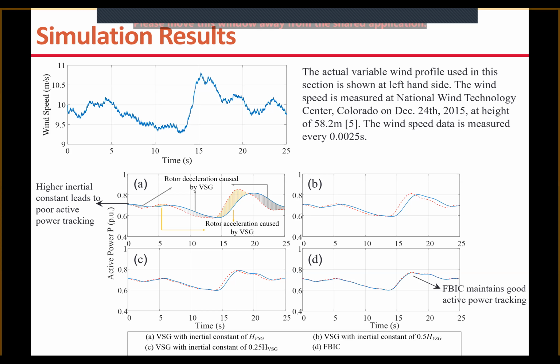Case B has a smaller inertial constant, and case C has an even smaller constant. So the idea is that with smaller and smaller constant, our active power output would chase the MPPT better.